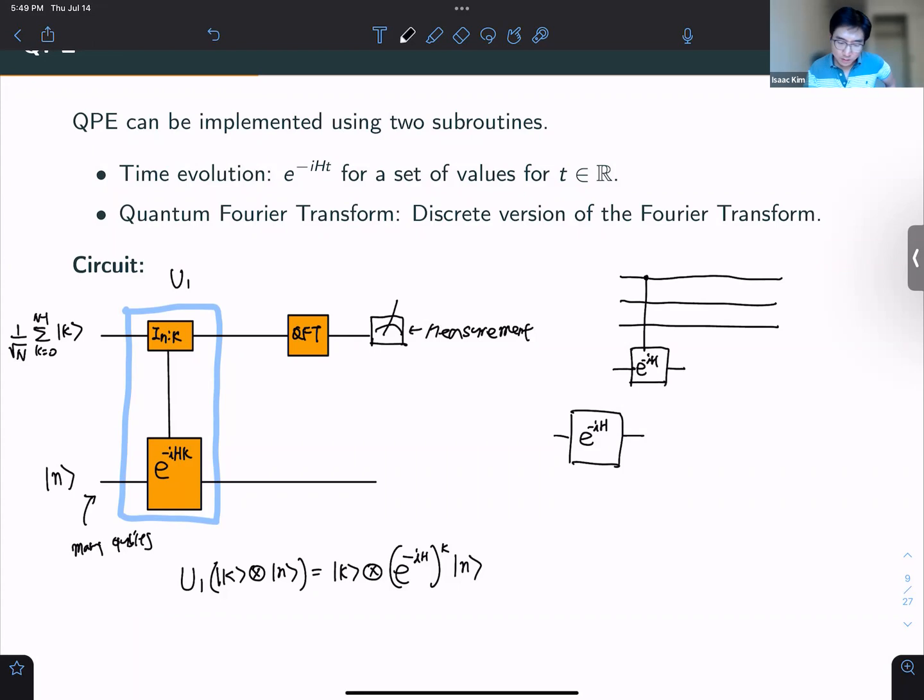This top thing will represent the lowest significant digit of the number K, and the second thing will represent the second lowest significant digit, and the third one will be the next digit.